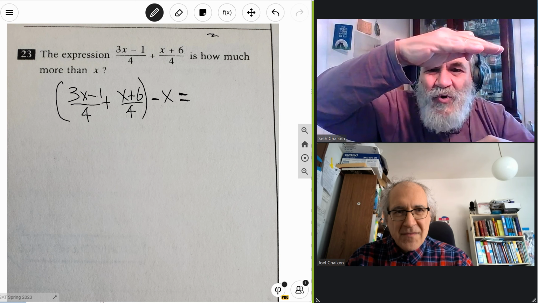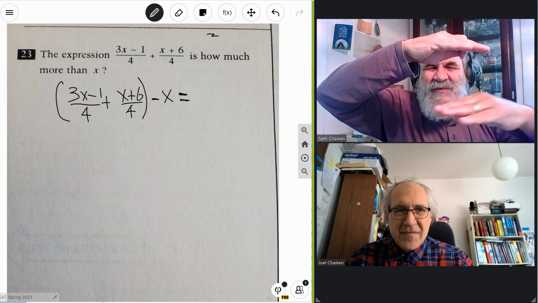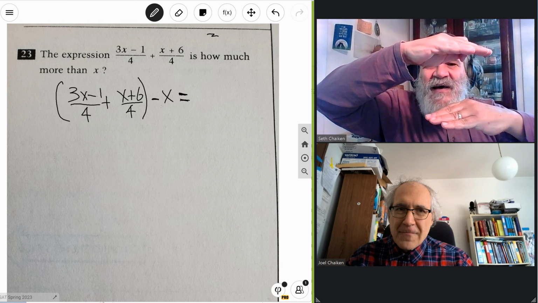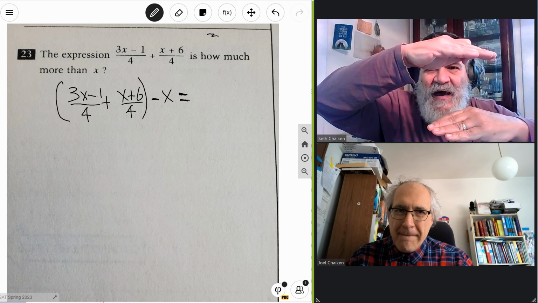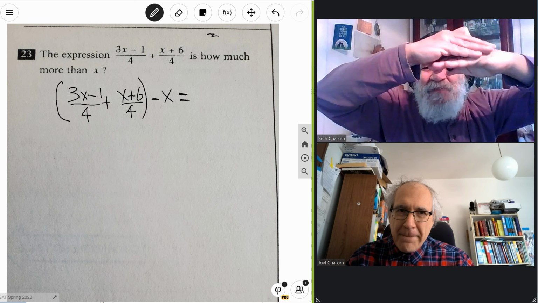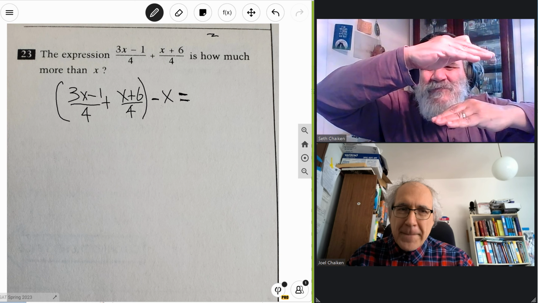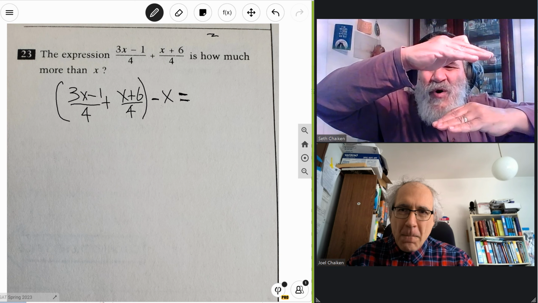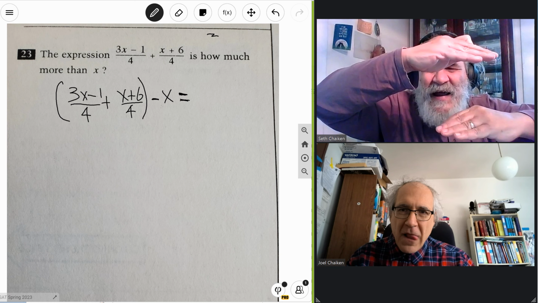How much more? I think X is less than it, and how much does X go up in order to get to it? So that's why I subtract.